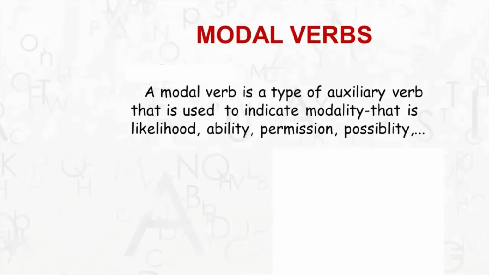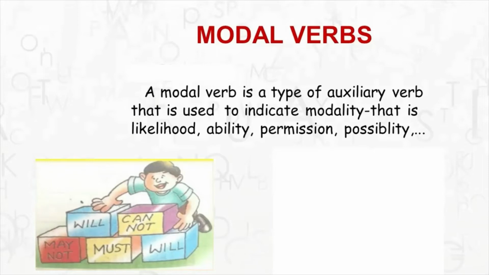That is why they are called modal auxiliary verbs. Okay, for example, will, cannot, may not, must. All these words indicate either likelihood or ability or permission or possibility. So all these are examples of modal verbs.